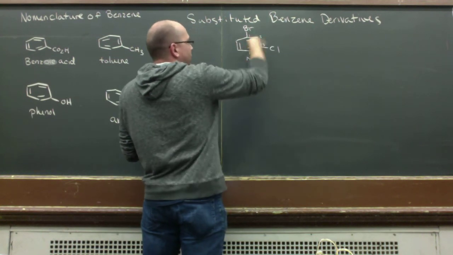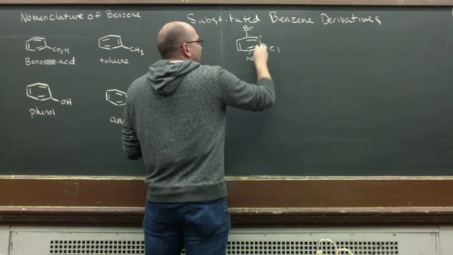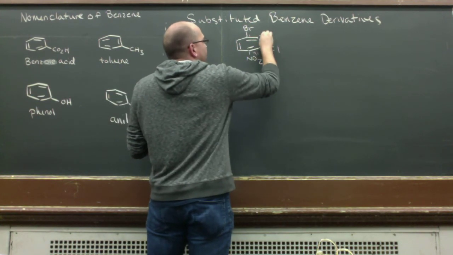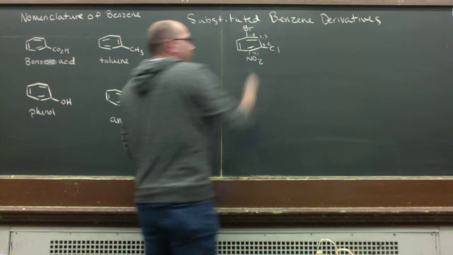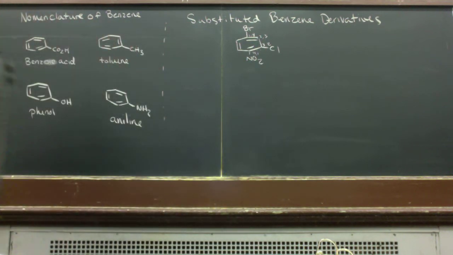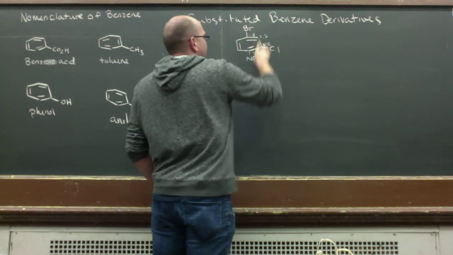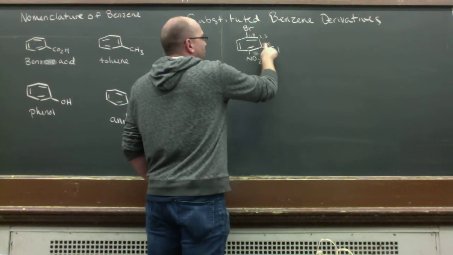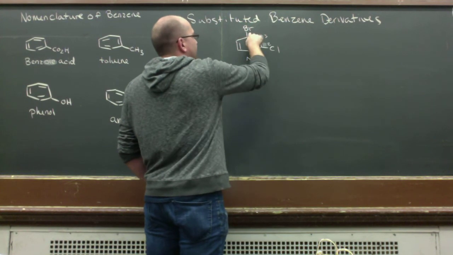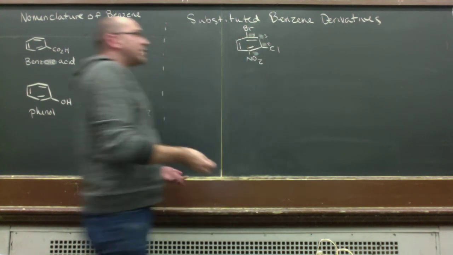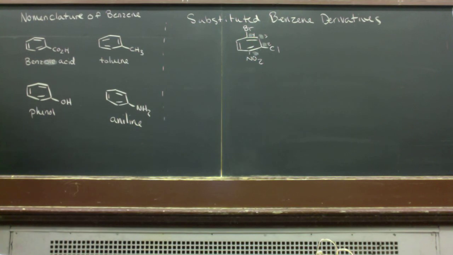That could be going from 1 to 4, or we can go the other way, 1, 2, 3, 4. In this case, you're still going to keep the numbers low. You've got a 3 versus a 2, so we'll start from here as being 1, just because the 2 here is the lowest. And so we've effectively numbered where our groups are here.